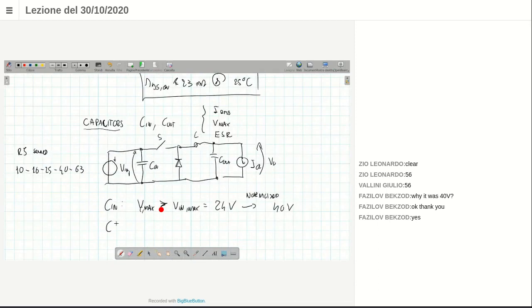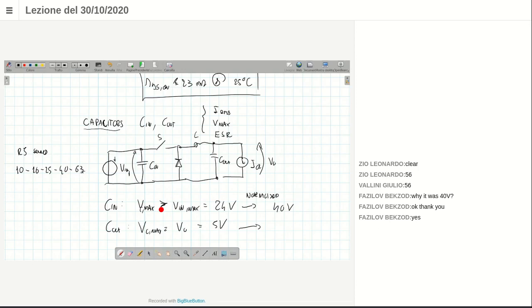For what concerns C out, we have that VC max is equal to VO. In theory, VO should be constant. So VO is 5 volts. We take a normalized value.